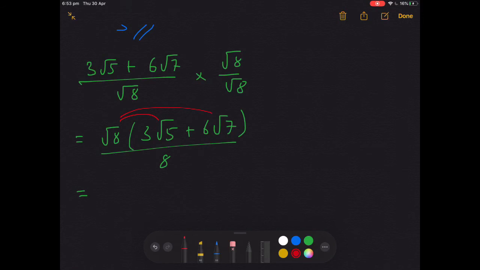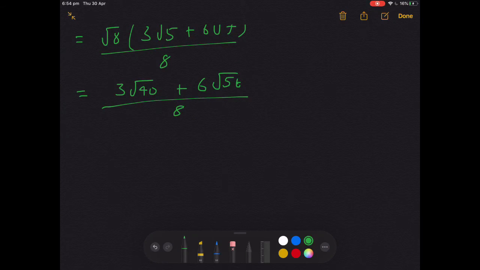So root 8 times 3 root 5, thinking back to our multiplication rules, is going to be 3 root 40. Root 8 times 6 root 7 is going to be 6 root 8 times 7, whatever that is, 56, on 8.